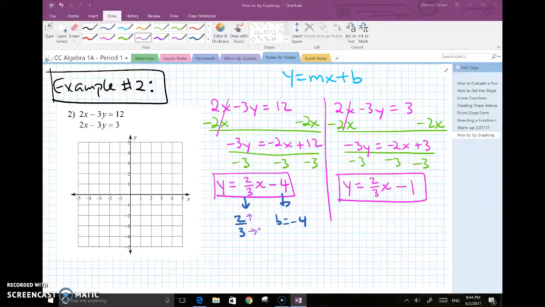For now, let's graph that one, and then we'll do the one on the right. Starting at negative 4, I put a point, and then I go up twice and to the right 3 times from there. So it's up twice, to the right 1, 2, 3. Where I stop is where I place my point, and then I create my graph. So it would be this.